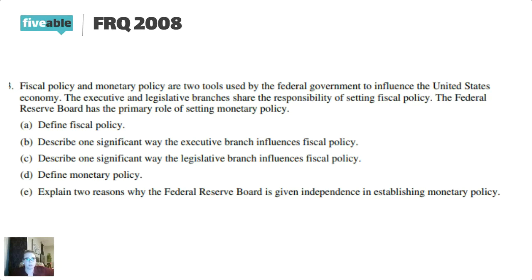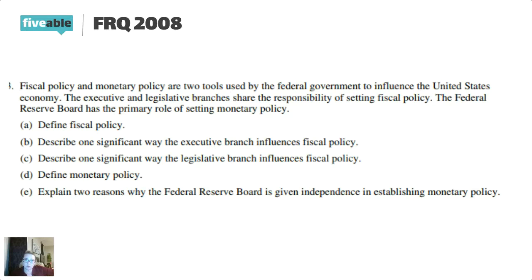Spot on. Good. Why is the Federal Reserve given independence in establishing monetary policy? This one's probably a little trickier, so we'll just chat about that. So I looked at the scoring guidelines right before I came on. One, you want experts making these policies because they have such significant impact.